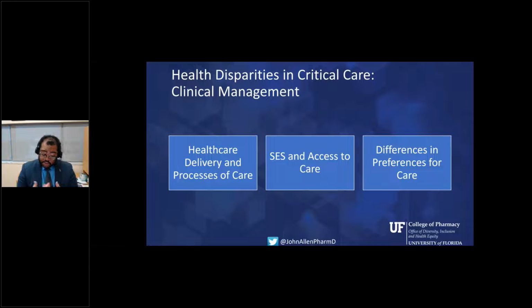We know that hospitals that serve a greater number of African American patients are more likely to be urban, more likely to be nonprofit, and more likely to care for patients on Medicaid. These safety net hospitals oftentimes have more financial constraints that limit quality improvement initiatives, and they may also lack the infrastructure for the delivery of high quality care.